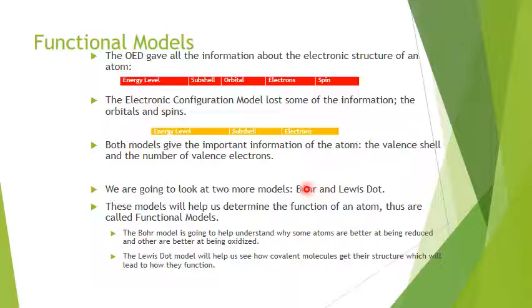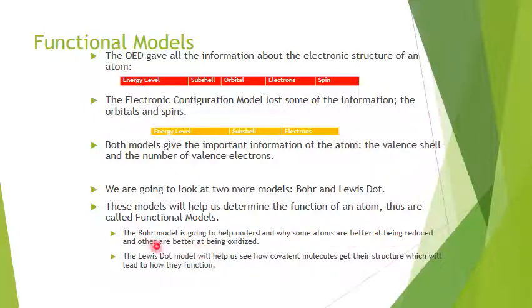And if you look at the Bohr model in your book, I should actually put this in quotation marks, because it's not the Bohr model you see in books with dots all over the place. This is my version of the Bohr model, and there's something called Lewis dot. And what these are going to do is help us determine the function of atoms based on their structures. So I call them functional models.